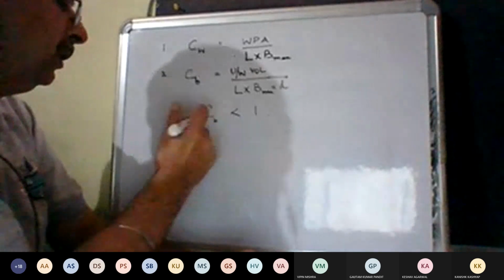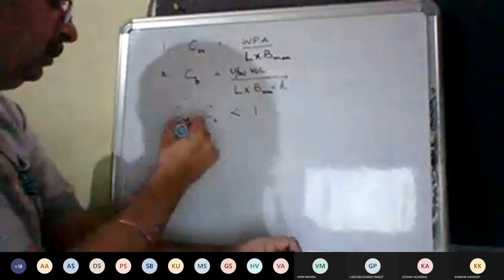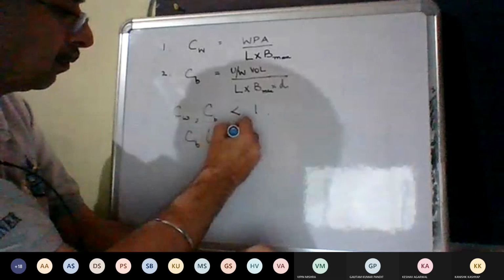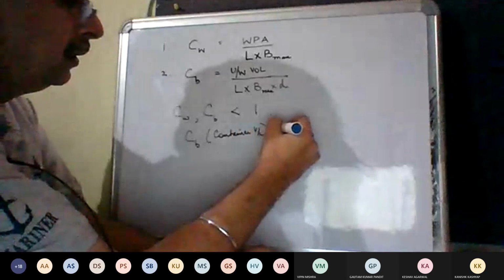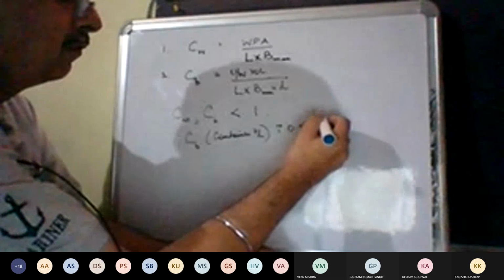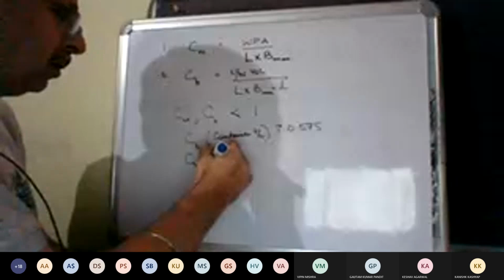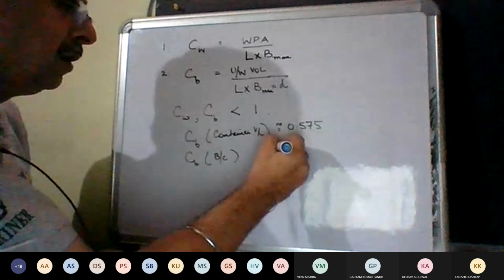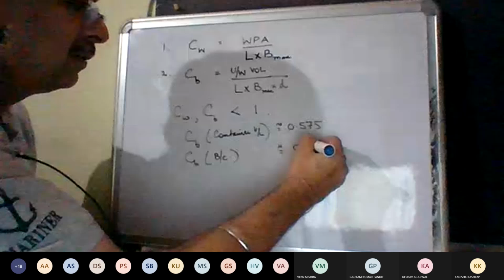Some popular CB values. CB for a container ship: large container vessels generally have a CB of approximately 0.575. CB for a bulk carrier is generally in the region of 0.75.